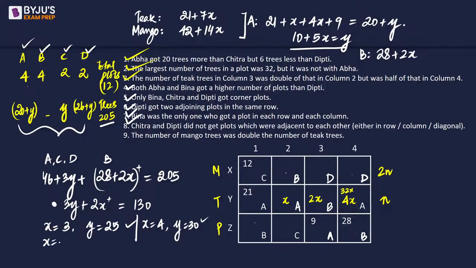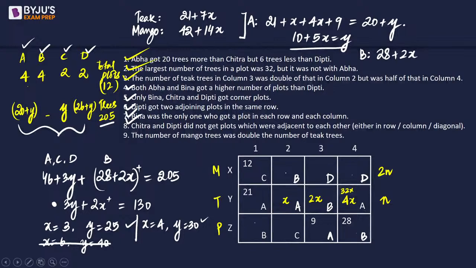Next x we can take is 6. If I take x as 6, this is going to be 10 plus 5x, so 40. So y is going to be 40. If we take 40, then 3 into 40 is 120 plus 12. This will not make sense because it crosses 130.